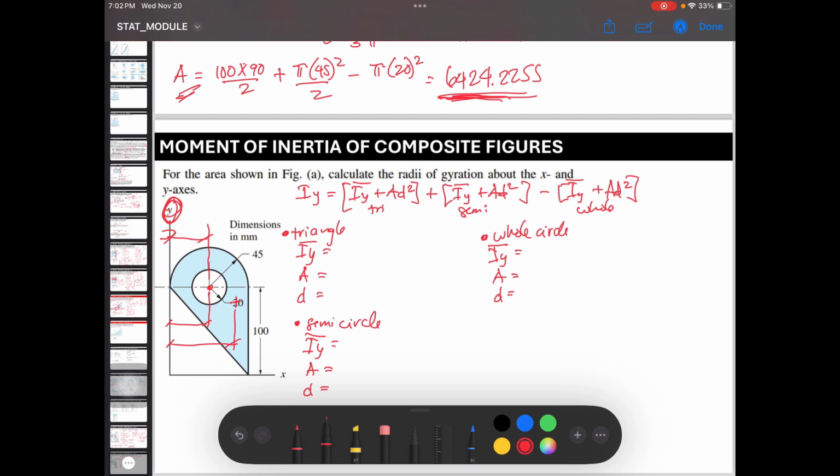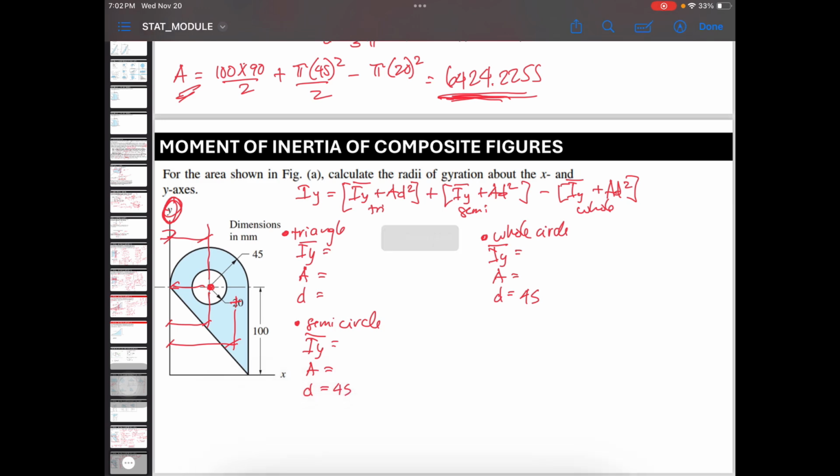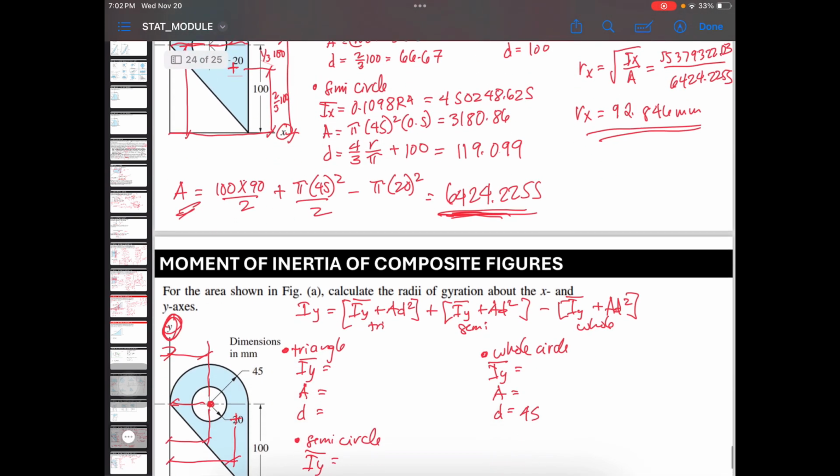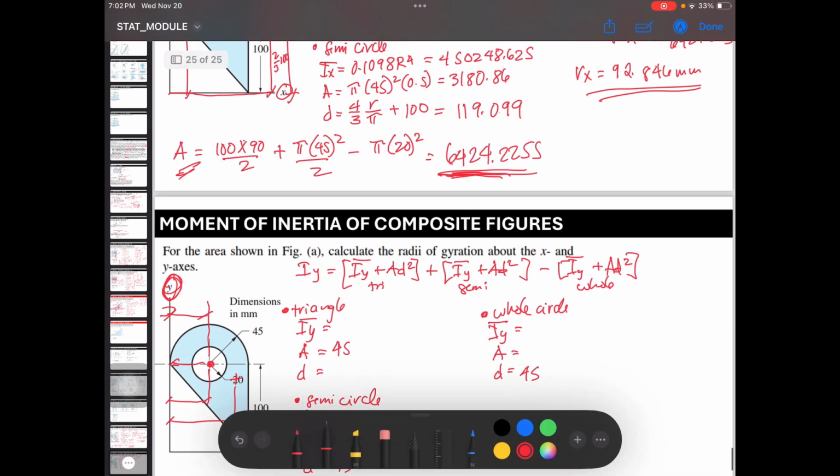And that is 45, kasi ito yung radius. 45 din yan. Same area din yan. So, let's get yung area nila. Na-compute na natin yan kanina. 4,500 kay triangle.